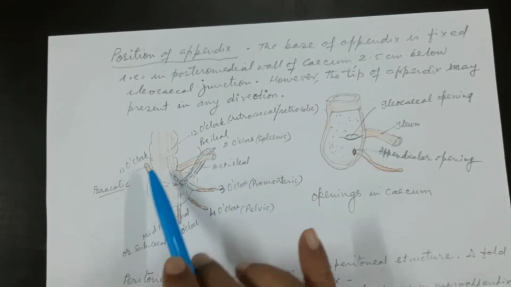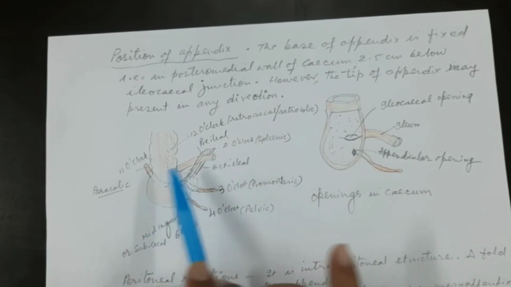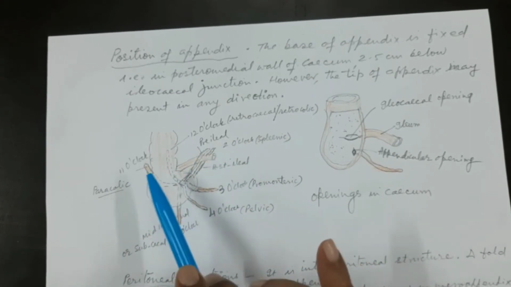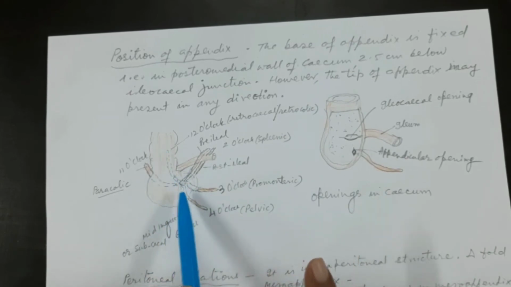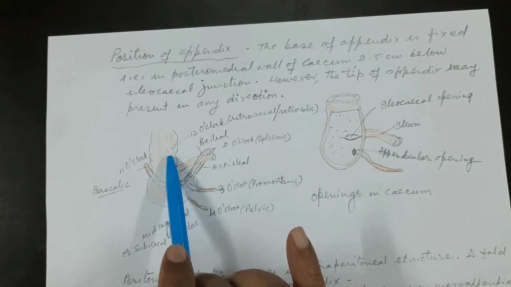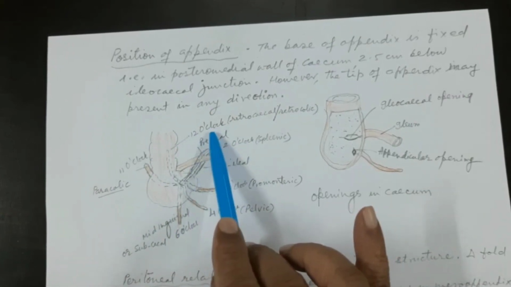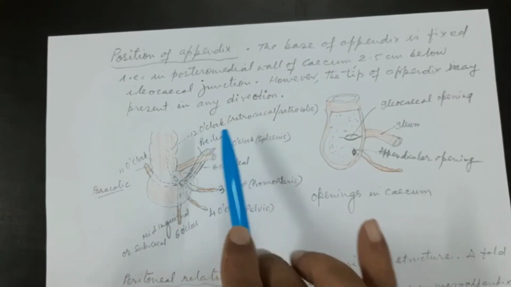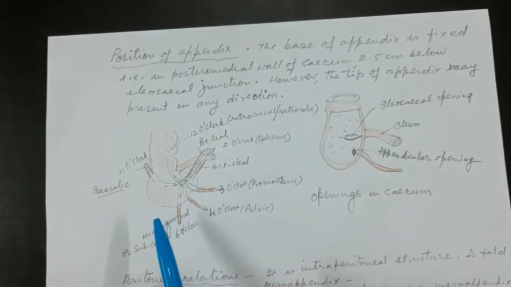Most of these positions are given names in the form of the pointers of a clock, so that you can easily remember them. Now since here the pointer of the clock is pointing upward, that resembles the 12 o'clock position, which is also called retrocecal or retrocolic.